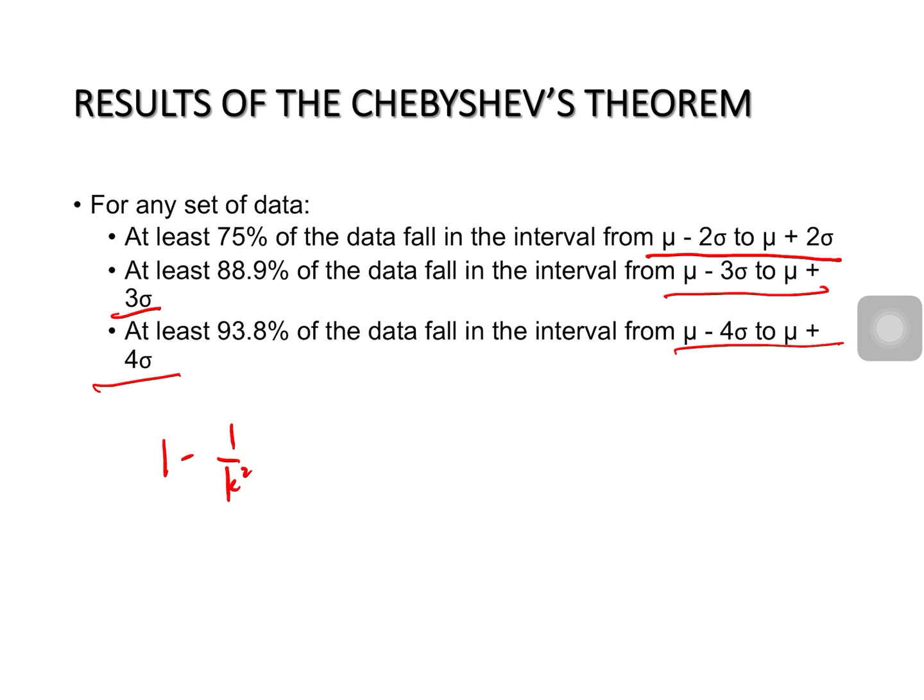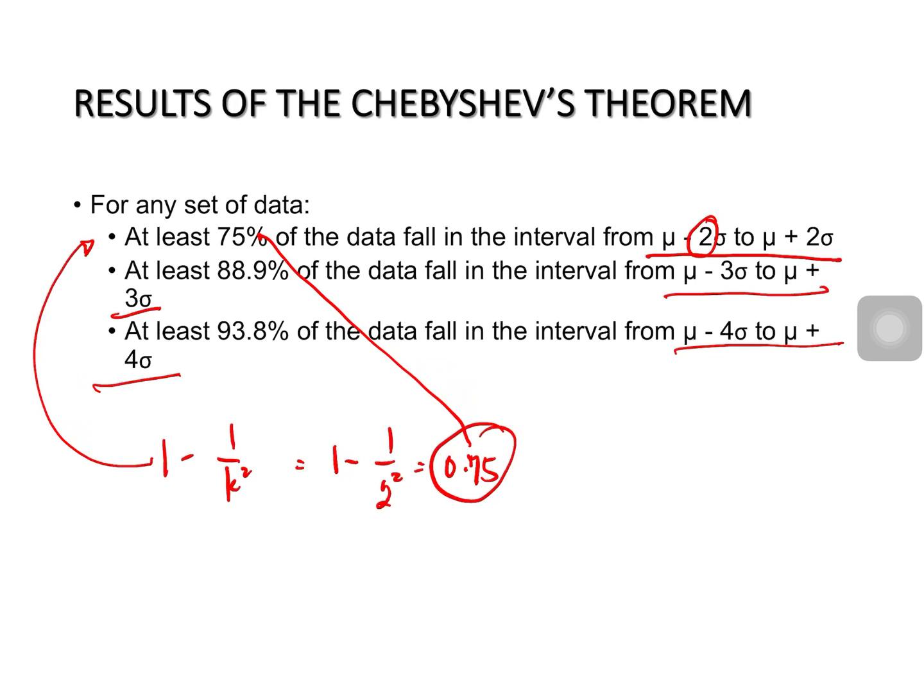For example, 75% is 2 standard deviations: 1 minus 1 over 2 squared, and that is 0.75.